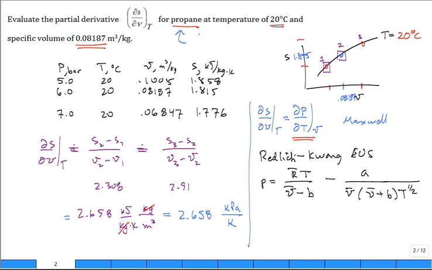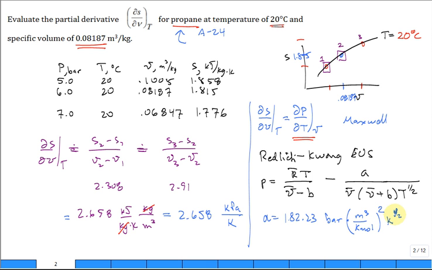In table A24, the coefficient A in the Redlich-Kwong equation is equal to 182.23. Funny units here. I'm going to run out of room, aren't I? Let me try and write it down here. A is equal to 182.23 in units of bar, that's pressure, meters cubed per kilomole, quantity squared, times Kelvin to the 1/2 power.